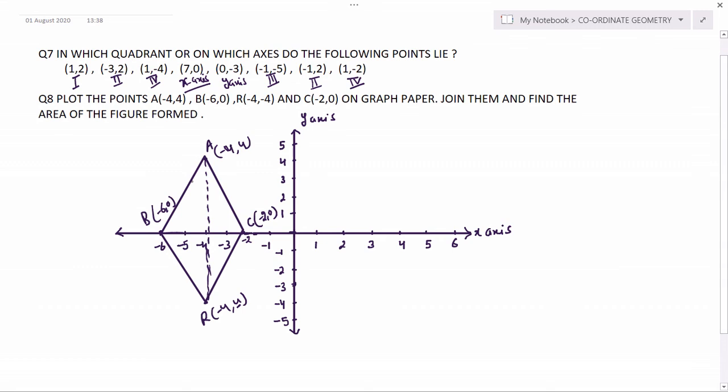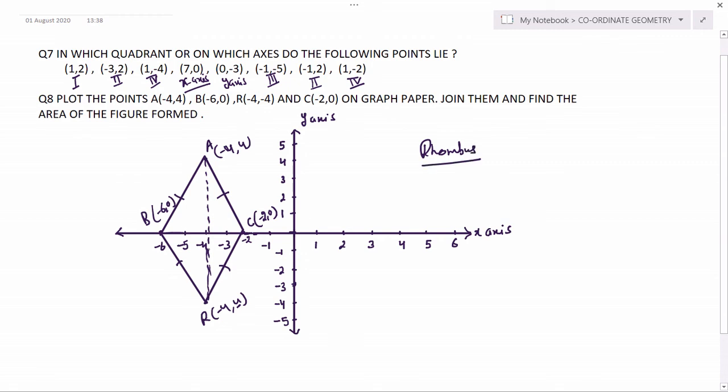This point is at an equal distance from here, and this point is again at an equal distance from here. So what kind of figure is this? This is a rhombus, because in a rhombus all the sides are equal, right? So the shape is a rhombus.